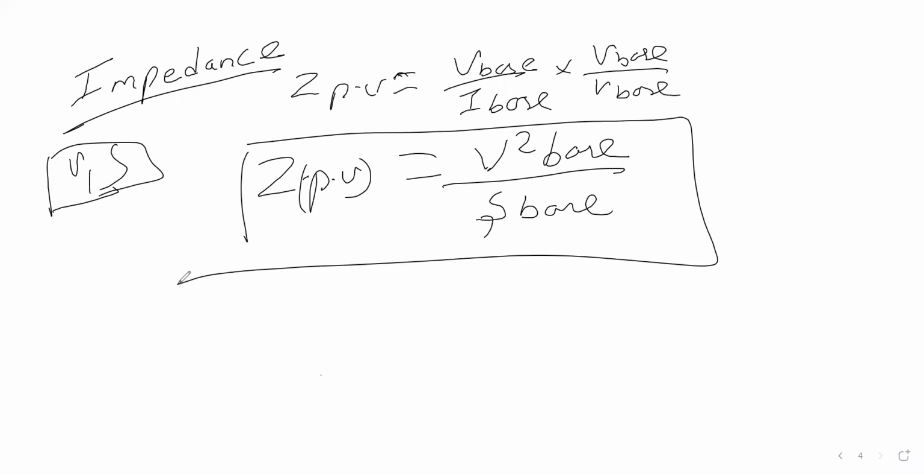Okay, so let's assume this per unit is for single phase. This is the balanced concept. So first we'll write this entire thing for a single phase.